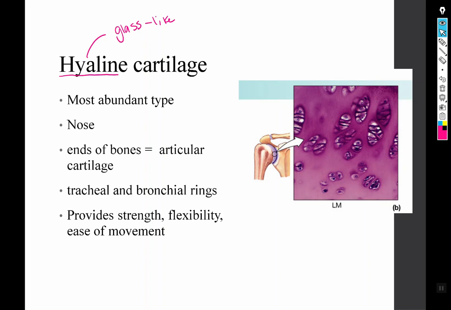So it just provides strength, flexibility, ease of movement, load bearingness, protection of certain organs like the hypochondriac region. It does all kinds of things because it's so abundant and it's present in so many different locations. And it's very, very beautiful. It's not my most favorite histological tissue, but it's pretty close. I think elastic cartilage is my favorite one.